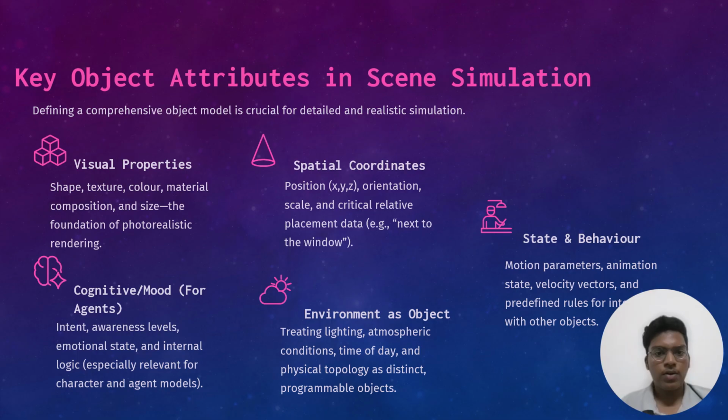Spatial orientation: position, XYZ orientation, scale, and spatial relative placement data, for example next to the window. Mode for agents: intent, awareness level, emotional states, and internal logic, relevant for character and agent models.